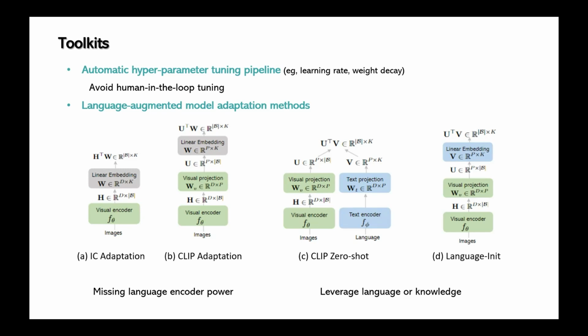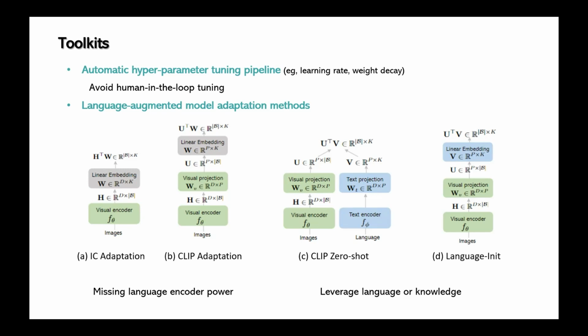This includes learning rate and weight decay. You don't have to tune the best hyperparameters for each single data set because it requires a lot of effort. And our toolkit will help you get the best hyperparameters for a specific model and a specific data set.